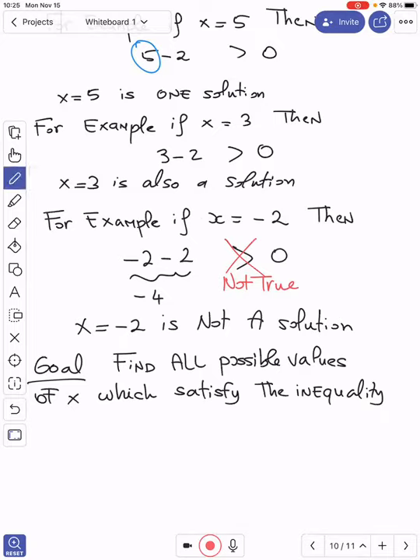Now, how do we solve this? How do we solve x minus 2 larger than 0? Well, this is like an equation, so all you have to do, guys, is solve for x.